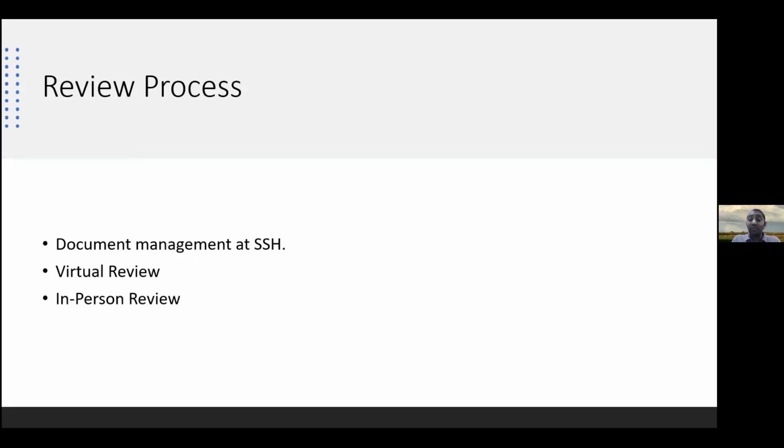And then a completely different group of people conduct an in-person review at an offsite location and spend some time reviewing the application. Virtual review is one step. In-person review is different. The in-person reviewers don't know the outcome of the virtual reviewers, and the virtual reviewers don't know the outcomes of the in-person reviews.